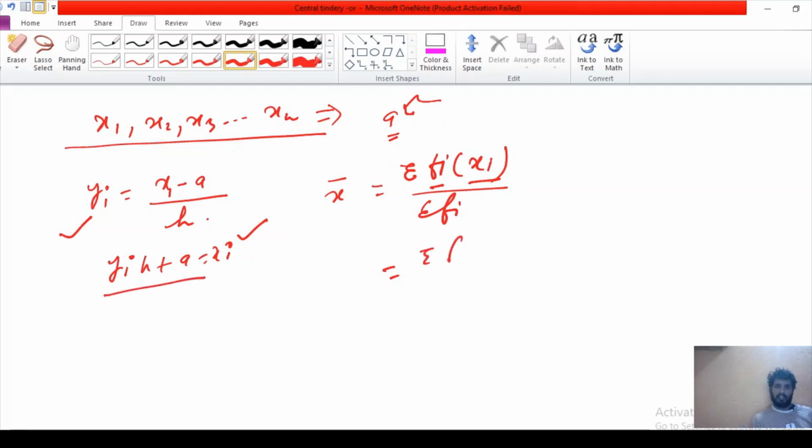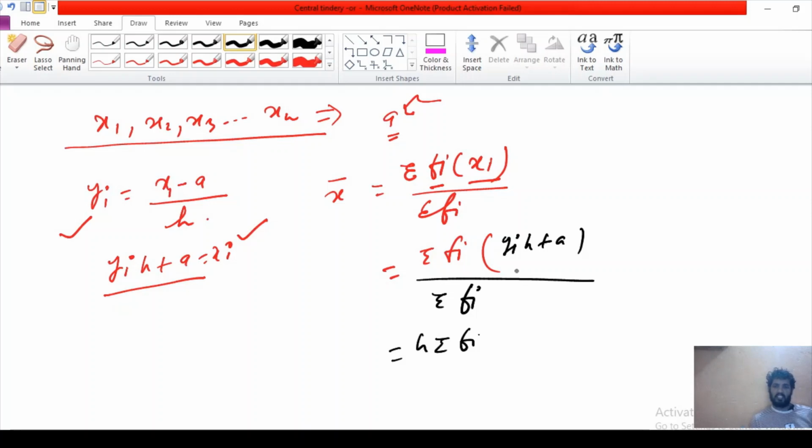So we can say the sum of fi (yi h plus a), divided by the sum of fi. Now h is a constant, so h times the sum of fi yi plus the sum of fi a, divided by the sum of fi.